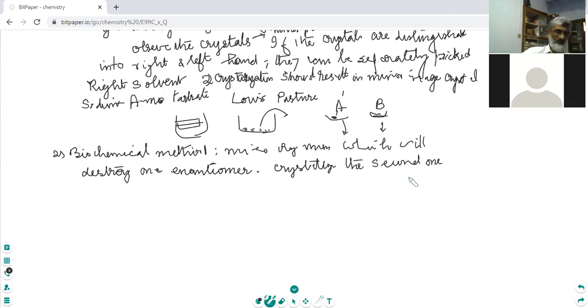Now this method also has a lot of disadvantages. An example is DL tartaric acid.